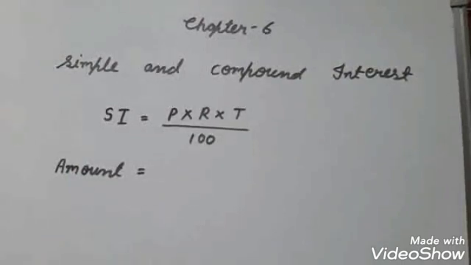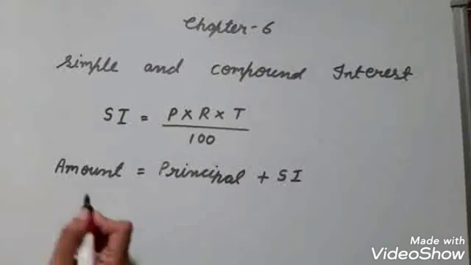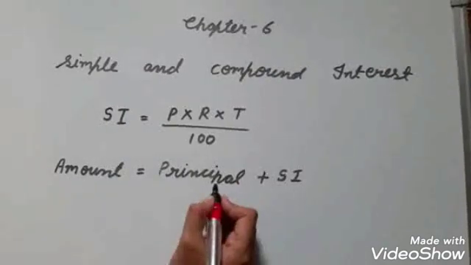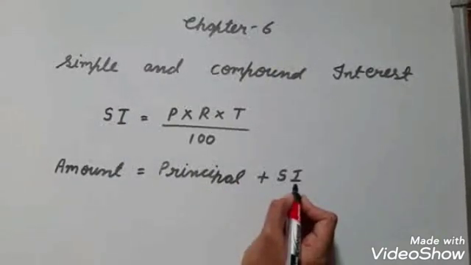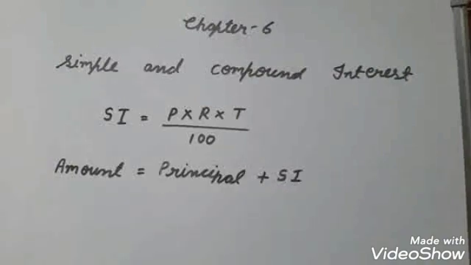Here we have one more thing, amount, and amount is the sum of principal and interest earned during the given time. So when we want to calculate amount, we add principal and simple interest.